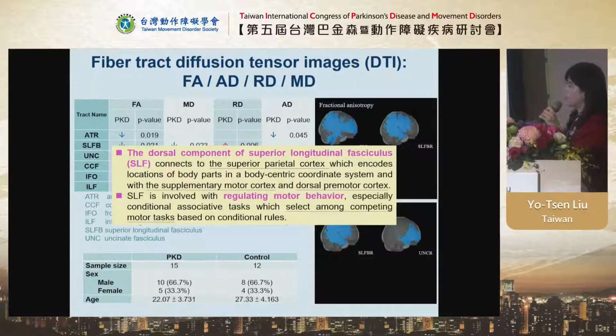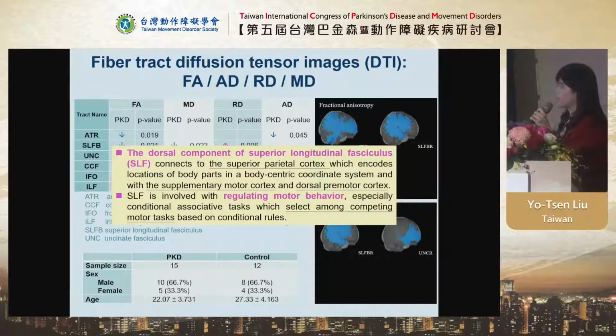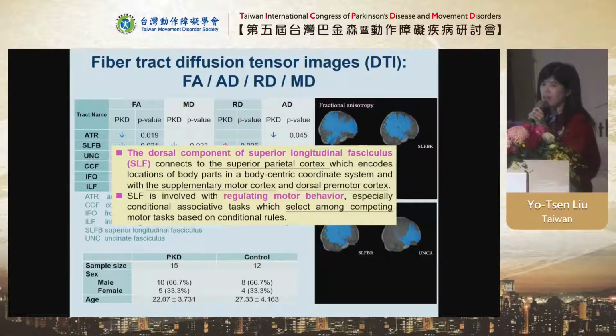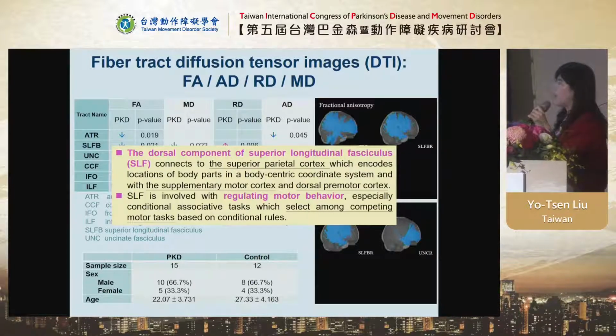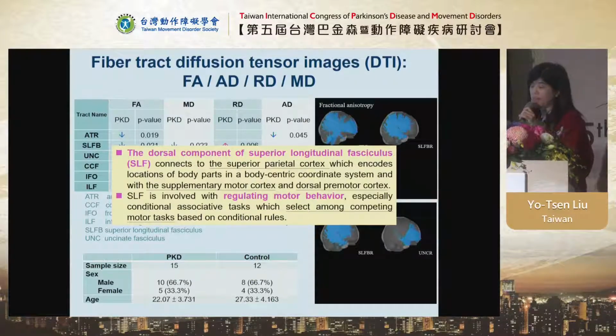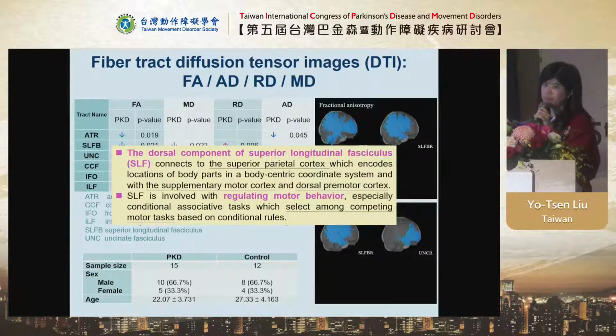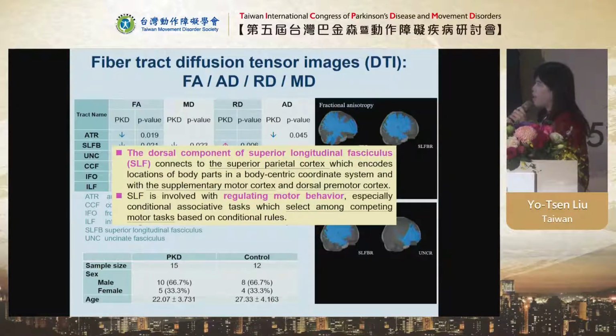It also connects to the supplementary motor cortex and the premotor cortex, so it is involved in regulatory motor behavior. That means it helps us to select among competing motor tasks. If we lose the selectivity, then we lose the inhibition. Our brain will be very busy responding to a lot of different responses.